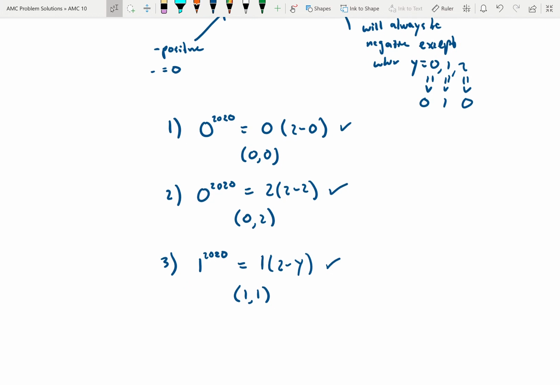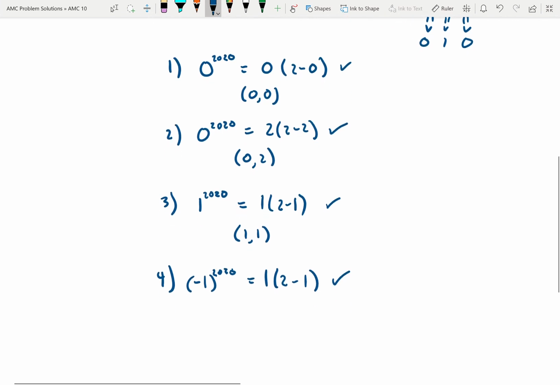Again, 1 is the only y value that's going to make that side of the equation evaluate to 1. But there's one more x value that's going to work. If I do negative 1 to the 2020th, that's going to equal 1 times 2 minus 1. And so that is negative 1, 1.